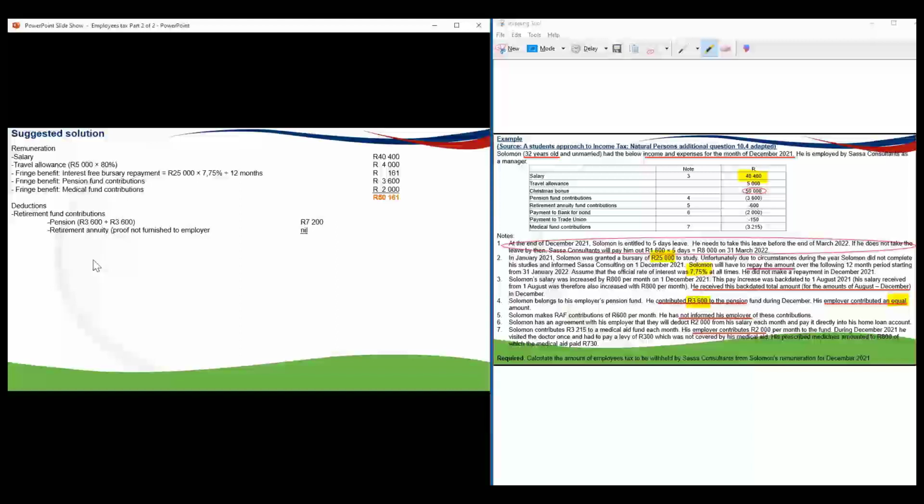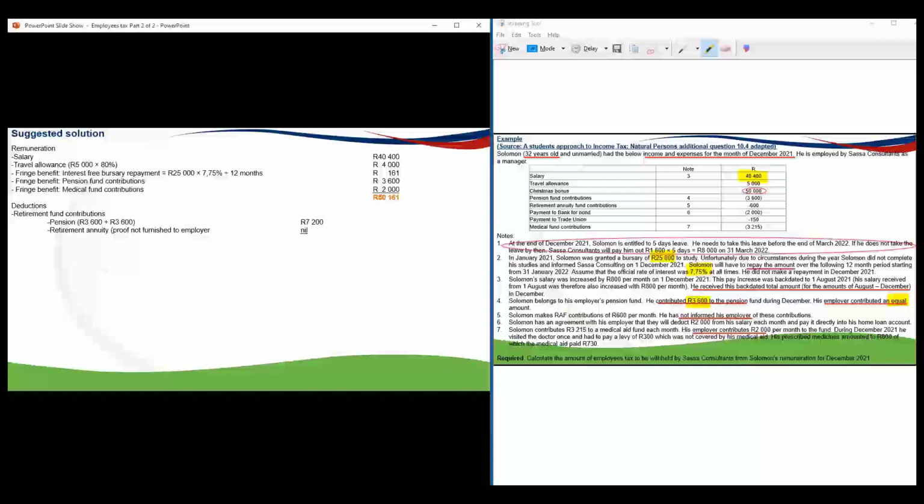And the reason for that is, remember in our previous basics of remuneration or employees tax, what we had said is the retirement annuity will be allowed as a deduction only if the employee has furnished proof to the employer that they are making contributions towards a retirement annuity fund.